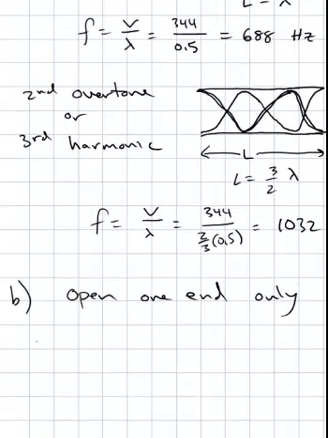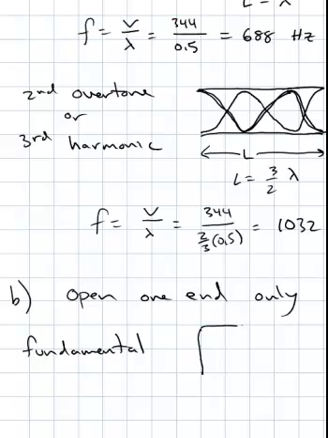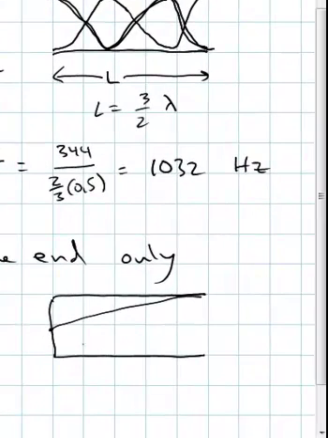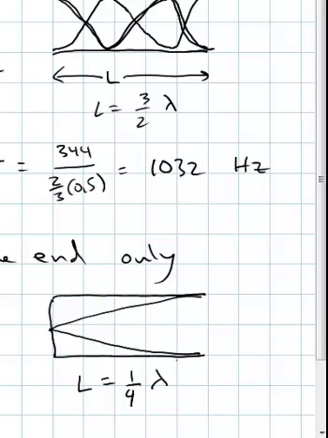Our fundamental is going to look like this. A node at this end and an antinode at the other end. So the length is going to equal 1/4 of a wavelength.